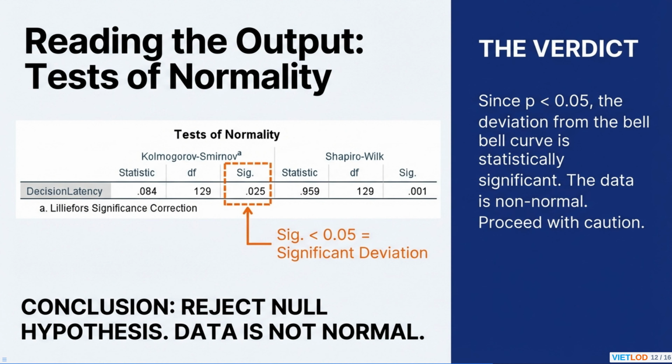Since 0.025 is less than our conventional alpha level of 0.05, we have a statistically significant result. This means that the deviation of our decision latency data from a normal distribution is significant. In the context of normality tests, a p-value below 0.05 leads us to reject the null hypothesis.